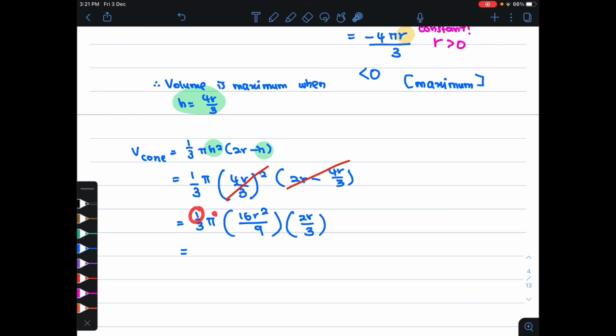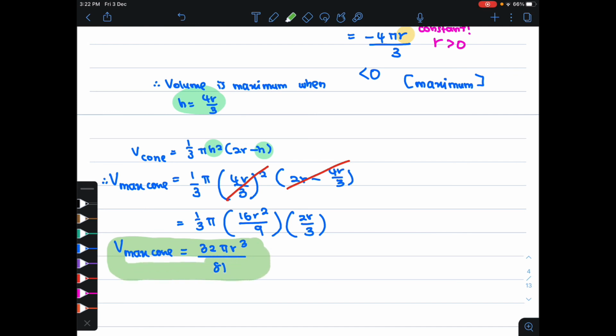So 1 times pi times 16R square times 2R. You'll get 32 pi R cube. Denominator has 3, 9 and 3. Over 81. Okay. So this refers to the maximum volume of the cone. So this is V max cone.